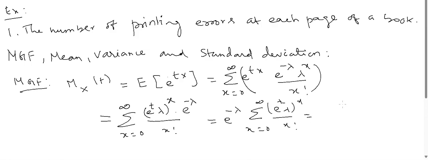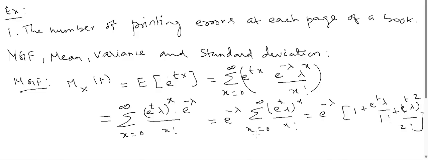When we expand, it is an infinite series that represents nothing but the exponential function: 1 plus e power t lambda by 1 factorial plus e power t lambda the whole square by 2 factorial, and so on.